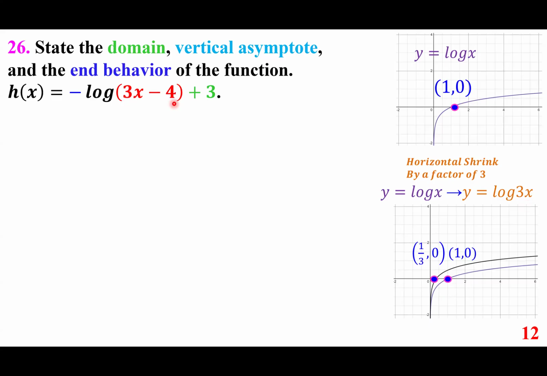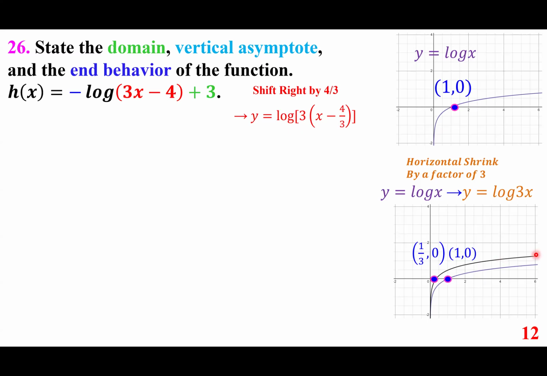Now 3x minus 4 is the same as 3 times the quantity x minus 4/3. Well, are we writing it like this? That means clearly, if x changes to x minus 4/3, we shift it to the right by this much, by 4/3.